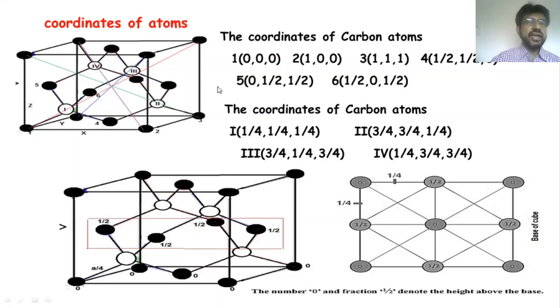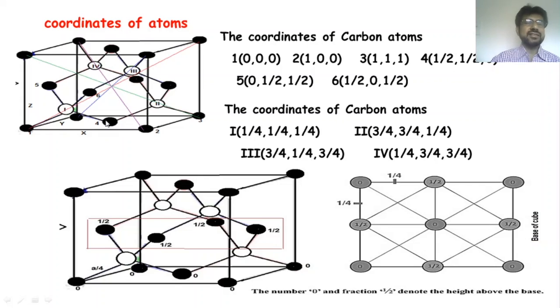Now in case of the third atom, if we consider this is the third atom, its coordinates are 1, 1, 1, because in this plane, if we consider the edge of the unit cell to be 1 unit, then its coordinates are 1, 1, 1. Now this is the fourth atom.